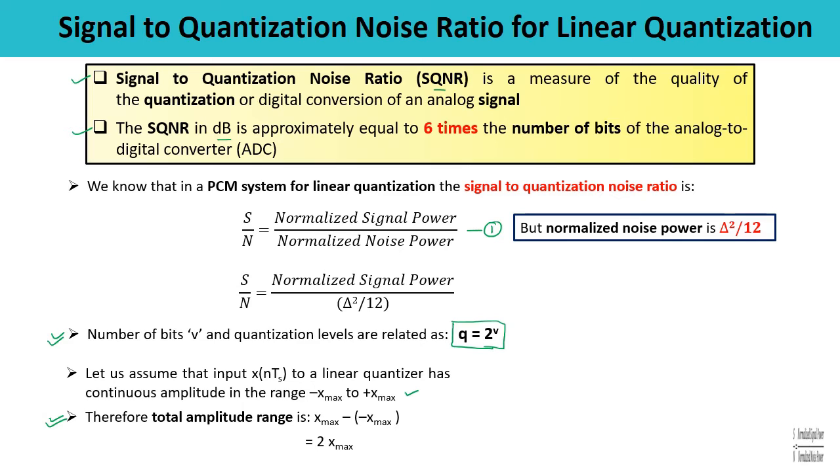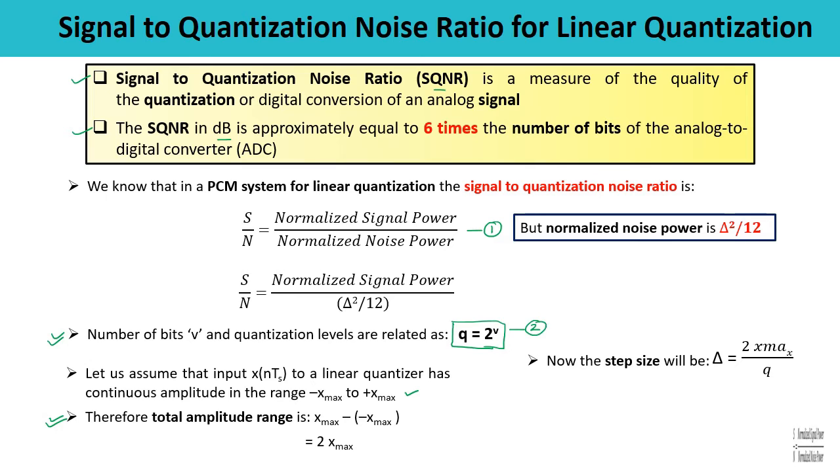On the basis of this entire range, which is now being divided into a number of levels, you can calculate the step size. So the step size, which is denoted by delta, is 2 times X max upon Q.